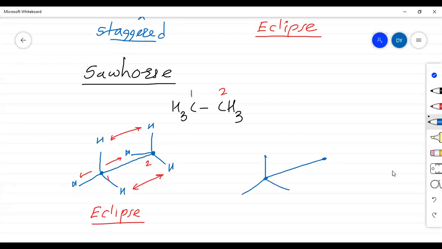See how we can show that. This is formed due to rotation of this bond. So I have to show hydrogen on the below side, as you can see, hydrogen and hydrogen. Now these two hydrogens are away from each other. This is called staggered conformation.